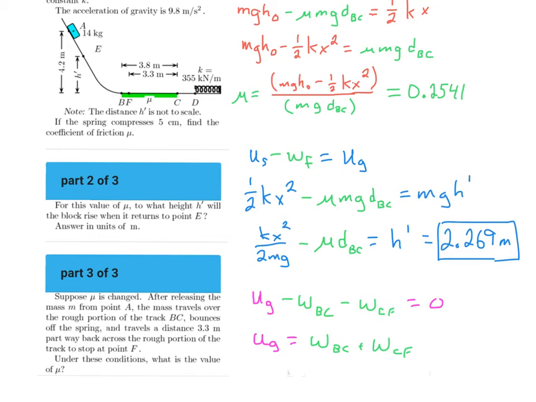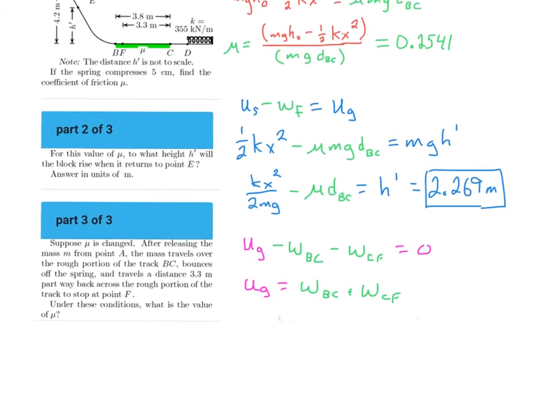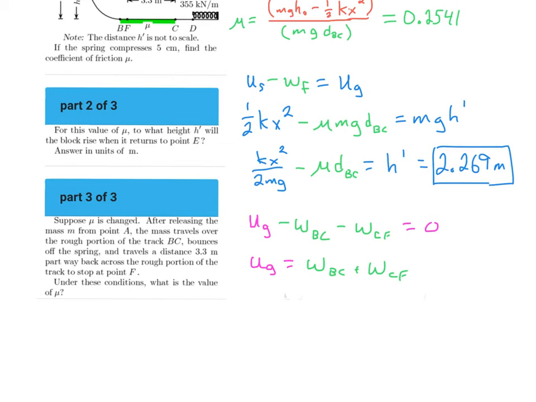All right, now let's just clean that equation up, and we're going to expand it. So mass times gravity times the original height. That is equal to, all right, our first pass.